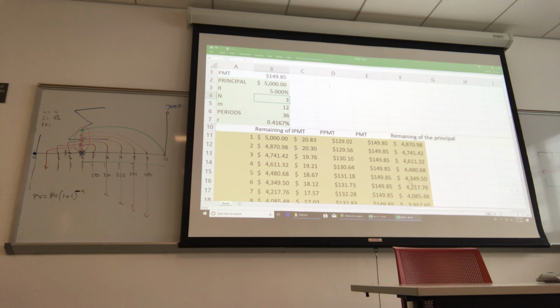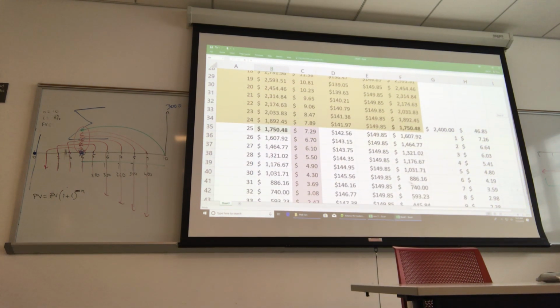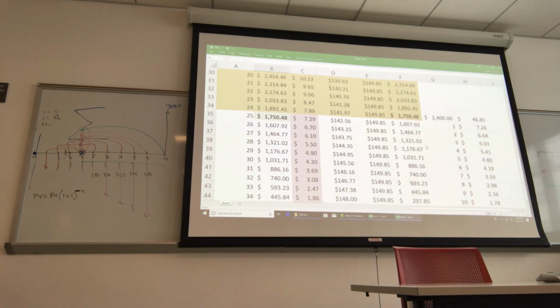On this case, we go back, and he had remaining amount of the loan, $1,750.48.